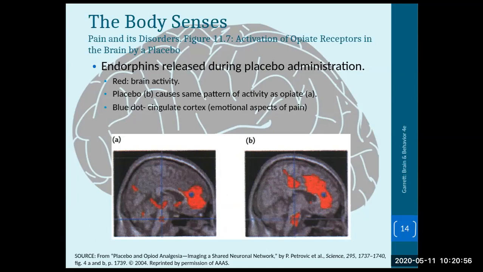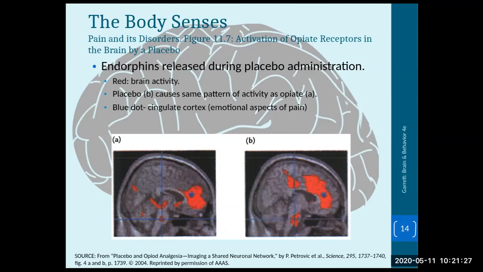So again, if you see a guy get kicked in the midsection and you feel the pain that that person is going through, you're like, ooh, and you have that physical gut response, that would be sort of a placebo response, an emotional response that doesn't actually cause pain. You don't see the somatosensory cortex light up, but you see the similar areas for the emotional aspects of pain.